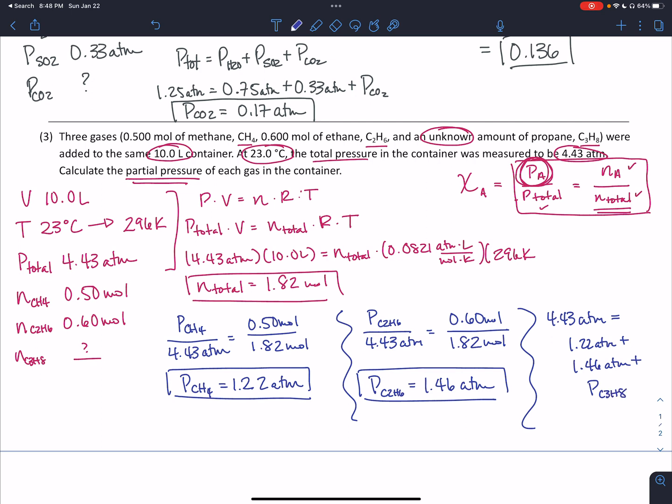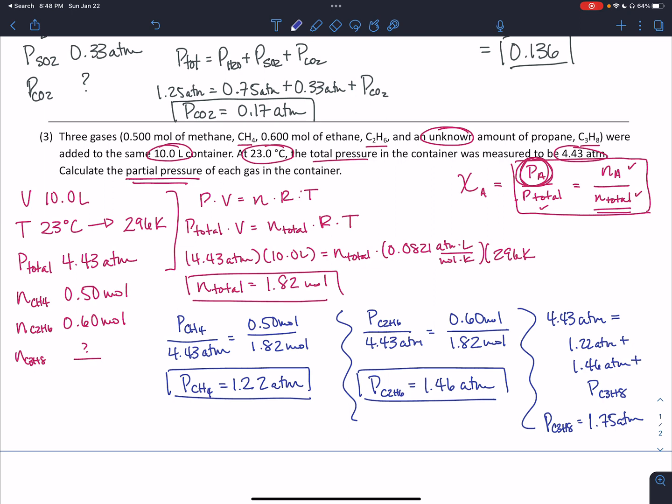So if I add the 1.22 and the 1.46 together and then subtract them from 4.43, I find that the partial pressure of my propane is going to be equal to 1.75 atmospheres. That seems a little high to me, but okay.